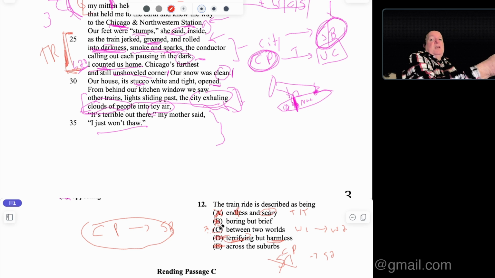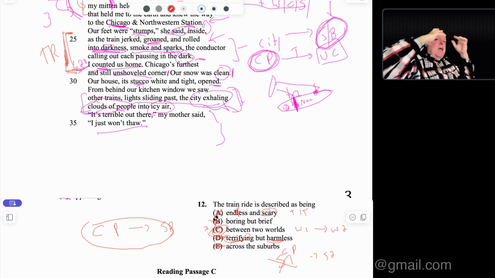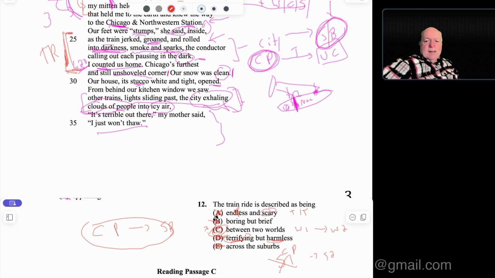It hasn't gotten filthy from all the traffic and people and buses and all this kind of stuff like that. And that's the metaphor being used there. So then the answer to this is C. Even though it seemed like a complex answer, it makes sense when you kind of give it that extra analysis.